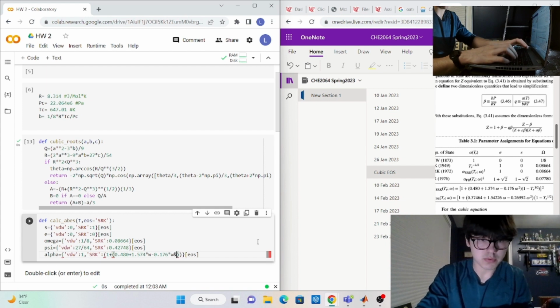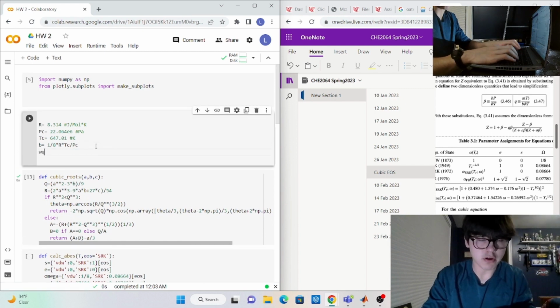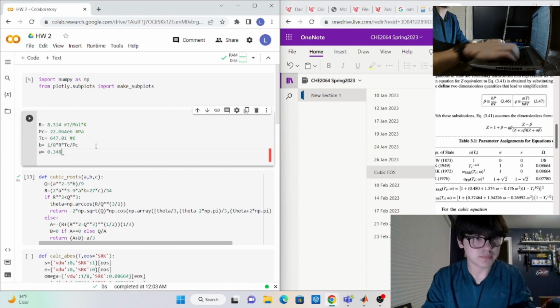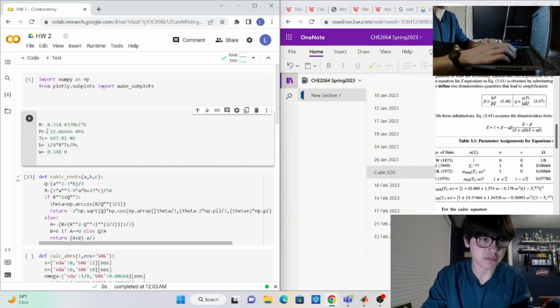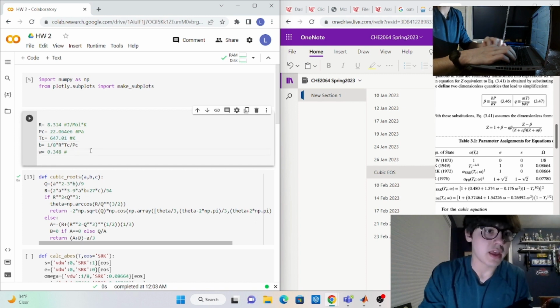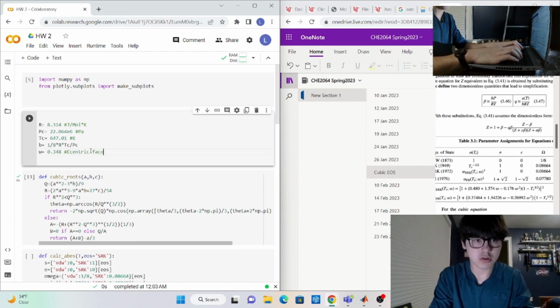We don't have the acentric factor derived here. These are the values that we have up here for water, which include the critical temperature and pressure, and obviously the ideal gas constant. So this will be called the acentric factor.